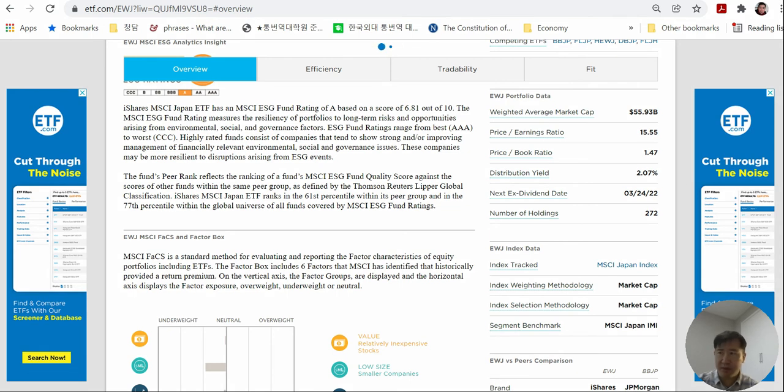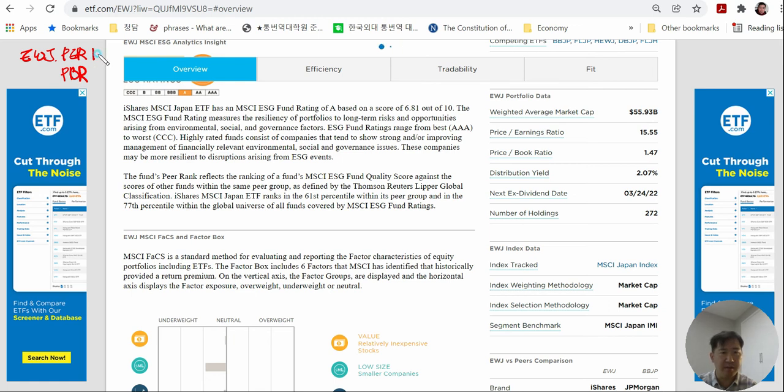So Japanese, I'll just write it down over here. EWJ. So PER first, and then let's write down PBR, price to book ratio.